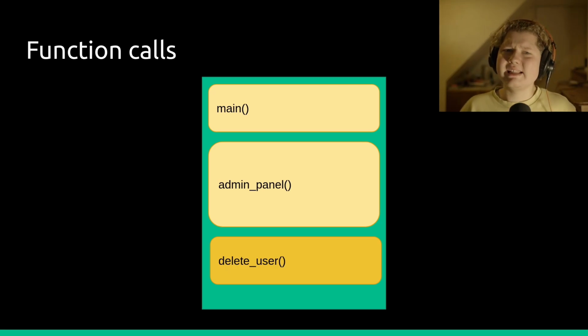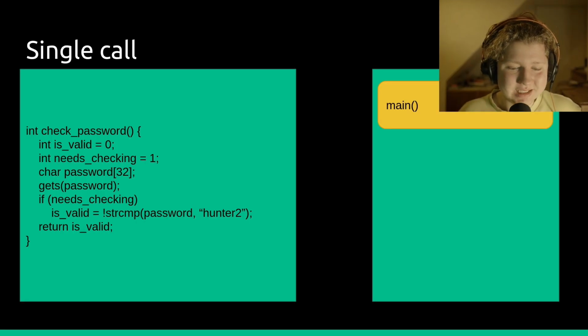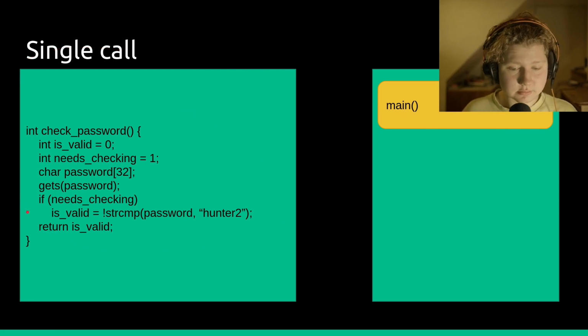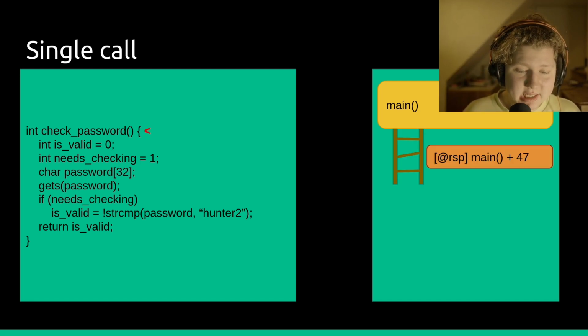Let's take a look at a single function call, shall we? On the left, we have a C code of the function, and there are several variables that get declared. Let's take a look at what happens to the stack along the way. When the main invokes check password, it builds out a ladder which contains a so-called return address.